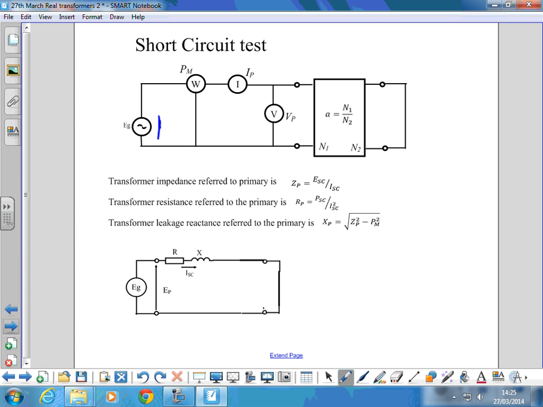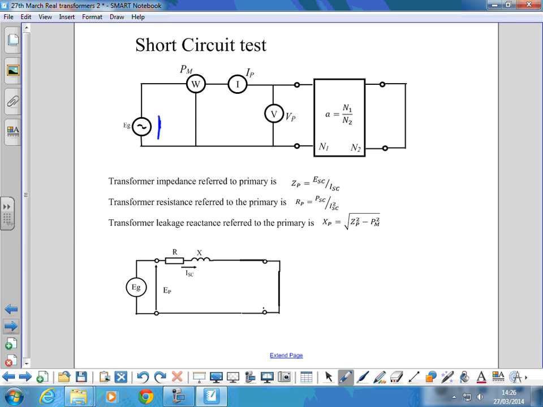When you've done that, you can get the transformer impedance referred to the primary, so the total impedance seen by the generator, from E short circuit, the voltage measured here, and the current flowing from the ammeter. You can get the transformer resistance referred to the primary, the total resistance referred to the primary side, from power short circuit divided by I short circuit squared.